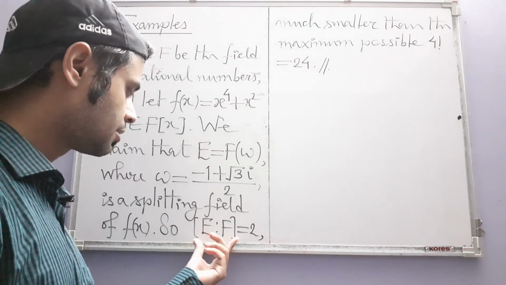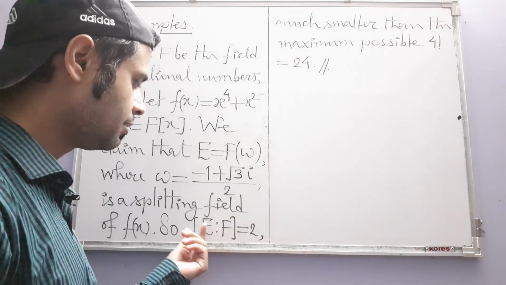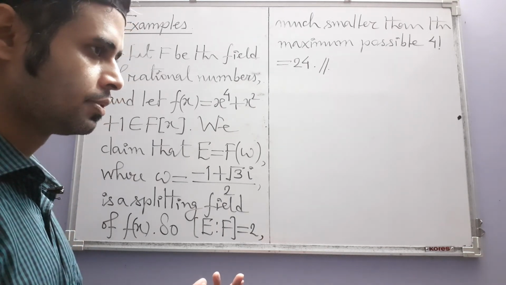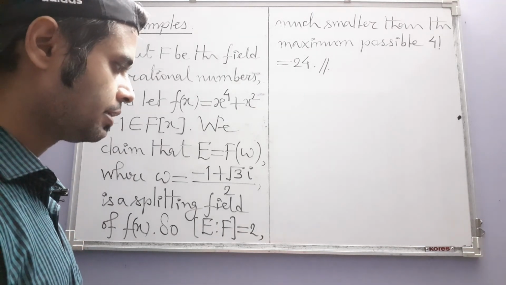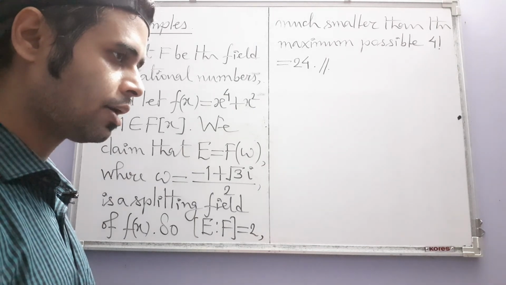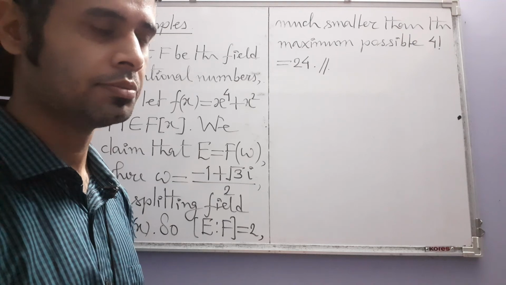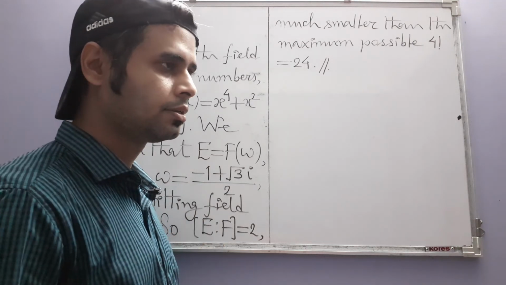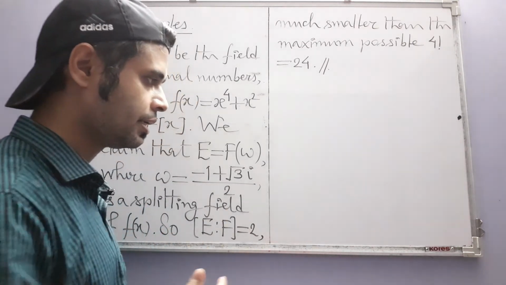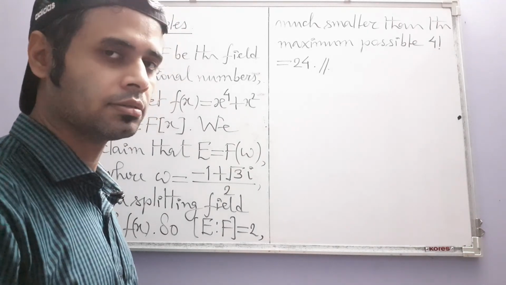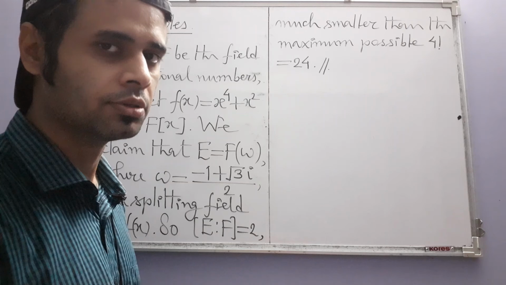It's almost as good as saying nothing about the degree. If you are just simply saying that the degree of the splitting field is less than or equal to n factorial, it's like saying, how many persons are there in this room, for example. I am the only one here, but I can make a statement like this: there are at most 1000 people in this room.